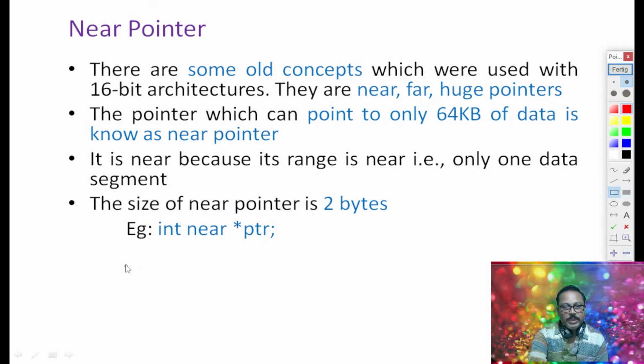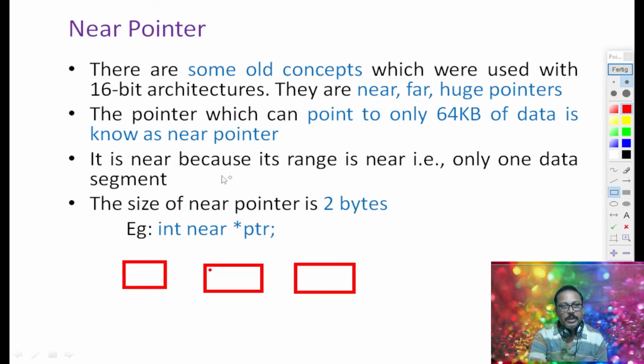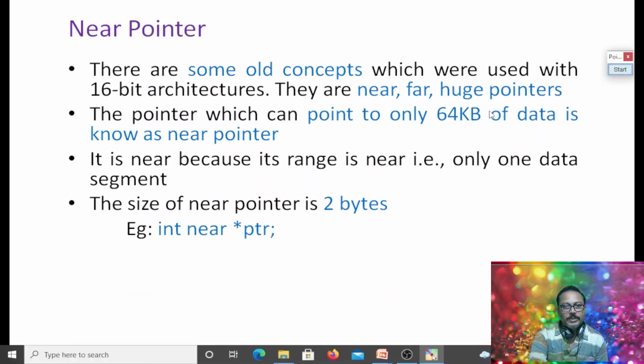If you have multiple segments, the near pointer can point to only one data segment. It cannot point to multiple data segments. That's why it is called near. Its range is limited. The size of a near pointer is usually 2 bytes.